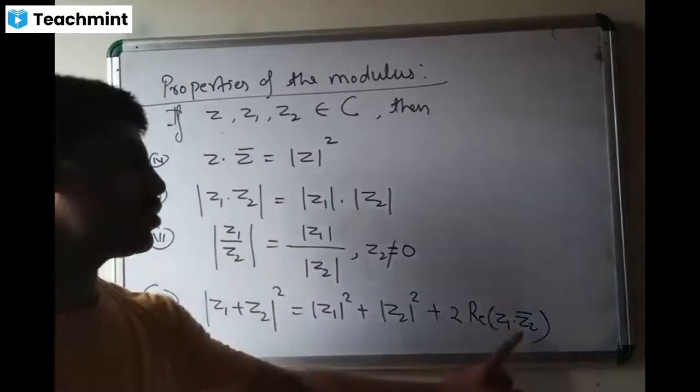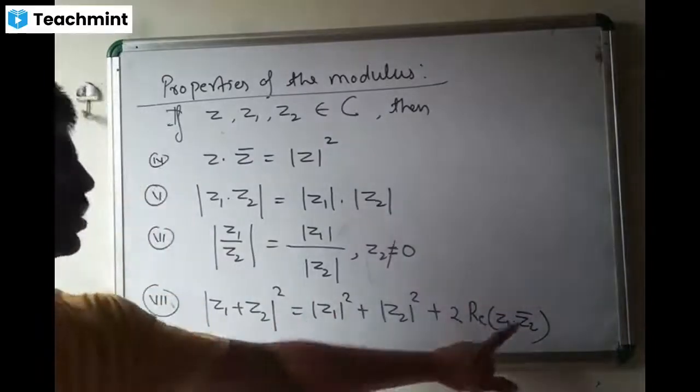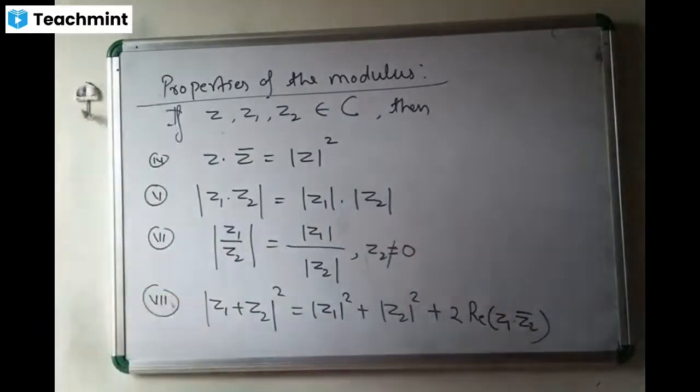Means the real part of z1 into z2 bar: first find the conjugate of z2, then find the real part, isn't it?